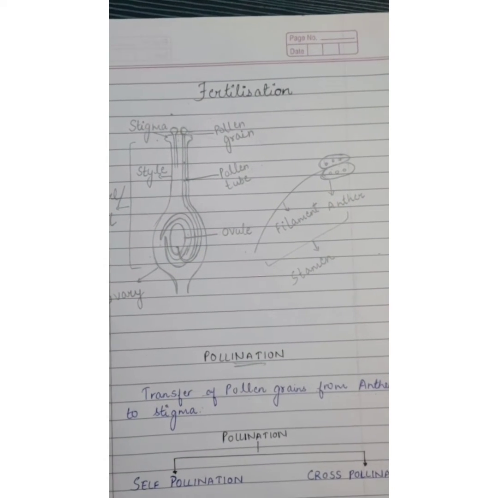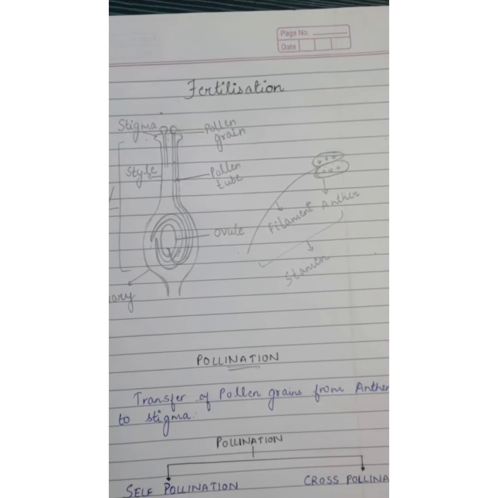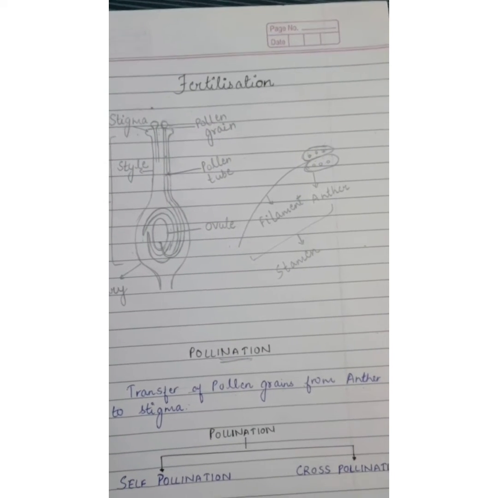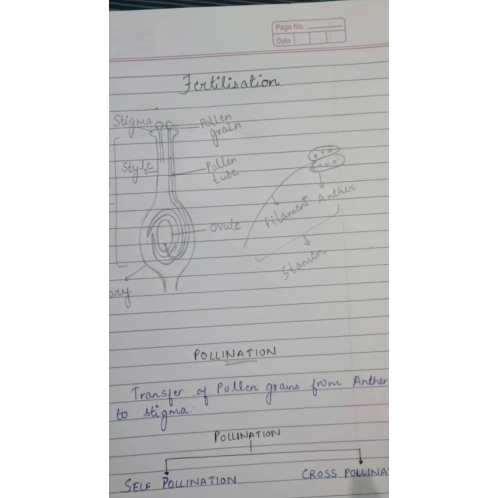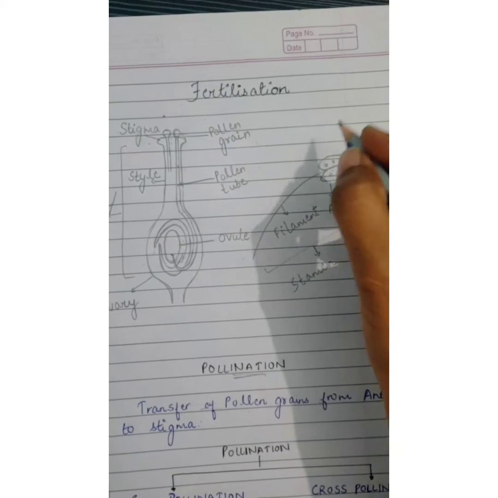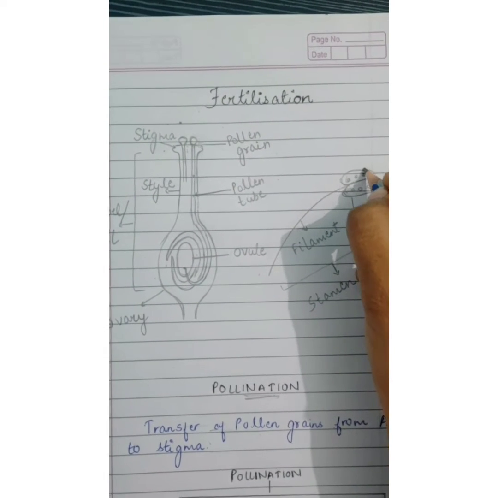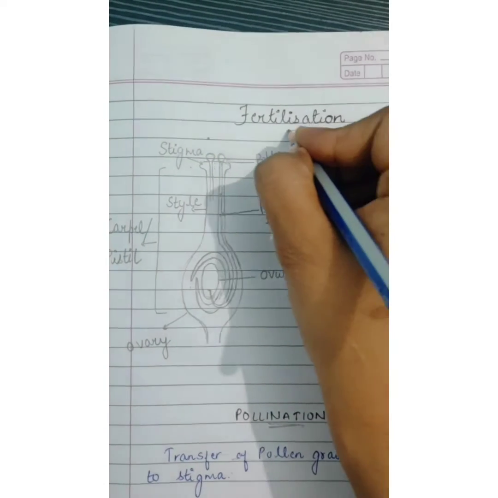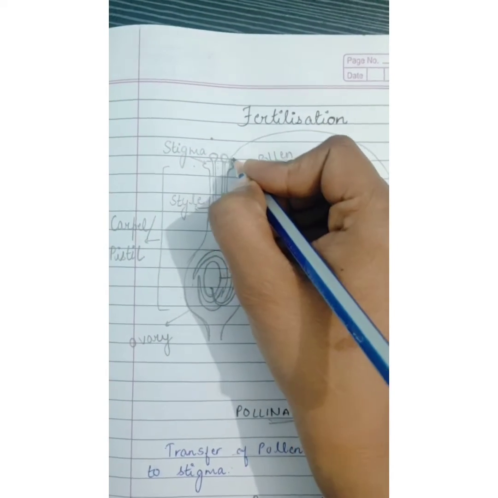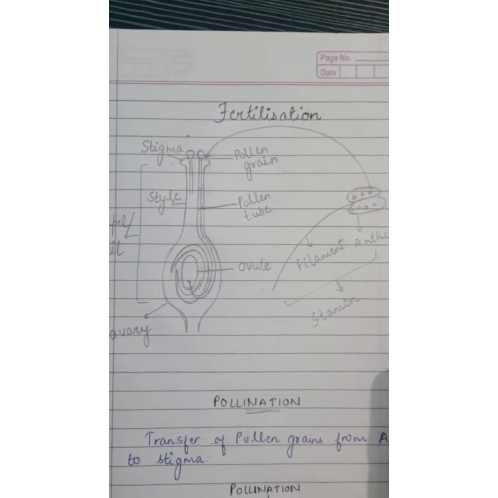Pollination can be done with the help of an insect, butterfly, wind, water, or some other pollinating agents.